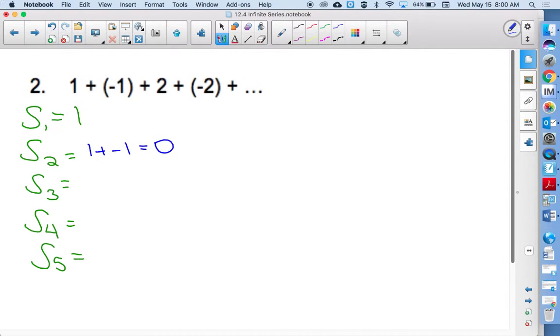So the second partial sum would be adding the first 2 terms together. Now we're finding the sum. And you get 0. So then you're taking 0 and adding the third term, which is 2.